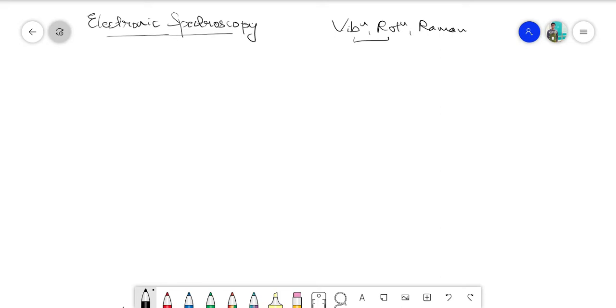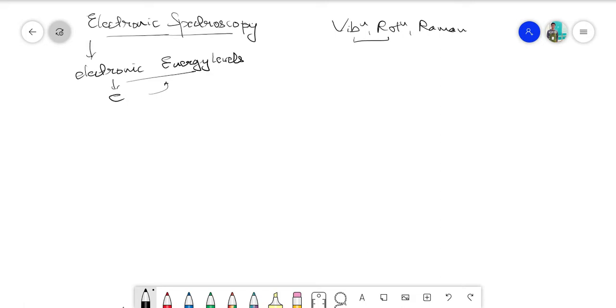Electronic spectroscopy is similar to vibration and rotation in that they have specific electronic energy levels already present. So we want to study the electronic energy levels. That being said, we want to see the transition of the electrons in those energy levels.